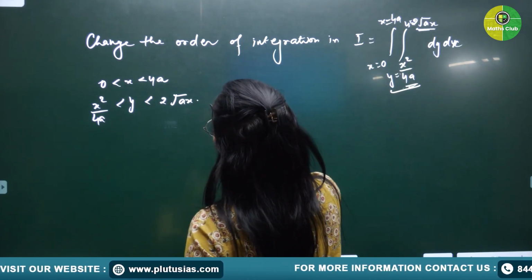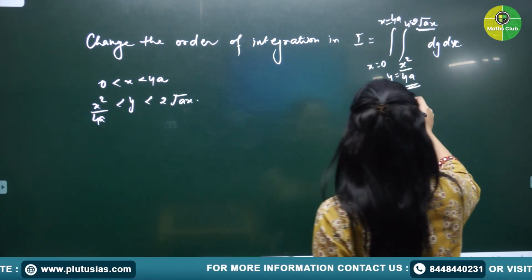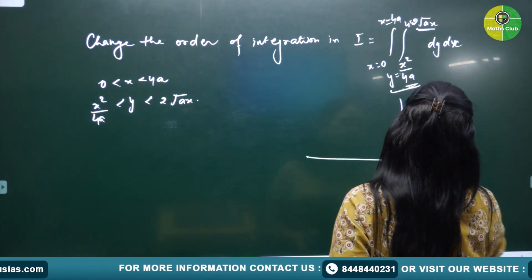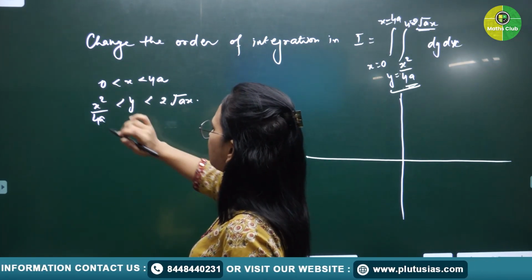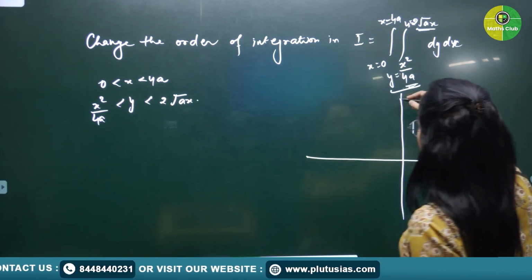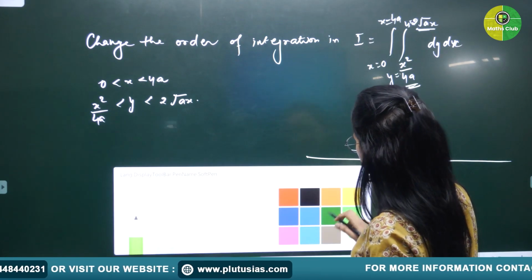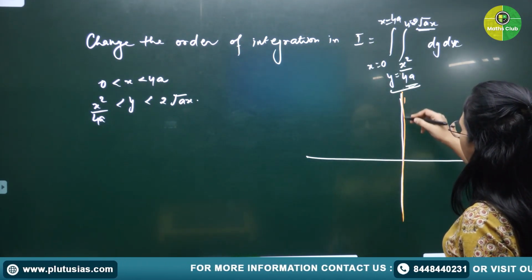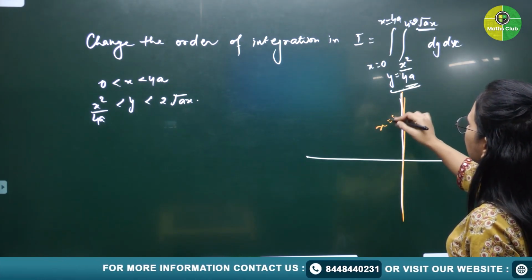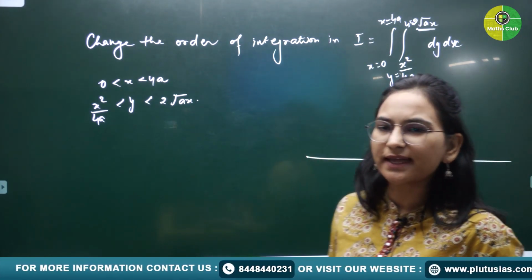So how would you change? First we need to draw, so let's draw it in a two-dimensional plane, because we have two equations. This is x ranges from 0 to 4a. This line is x is equal to 0. X is equal to 0 is nothing but the y-axis, right?